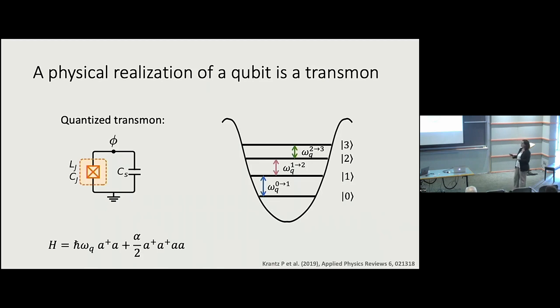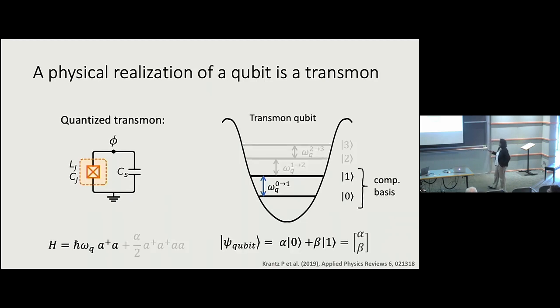Classically, an LC circuit behaves like a classical harmonic oscillator, and it can be quantized, and in that case, it becomes a quantum harmonic oscillator. But then, if one replaces the inductance with a Josephson junction, which is basically a nonlinear inductance, then one obtains an anharmonic oscillator. And so this is what a transmon is, and this can be described by a very simple Hamiltonian.